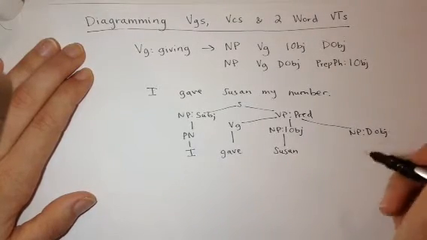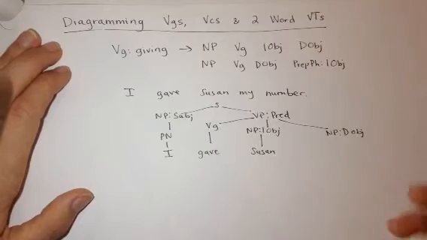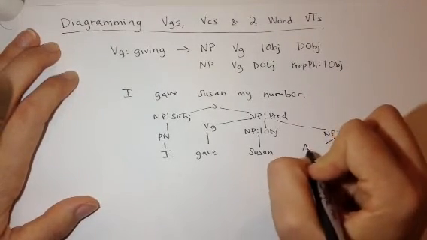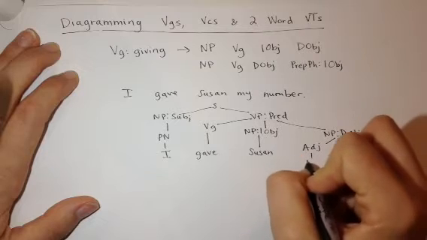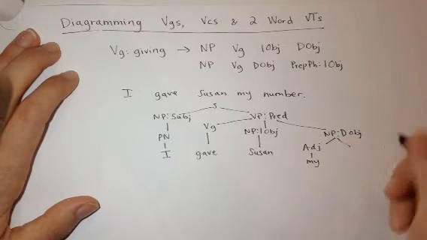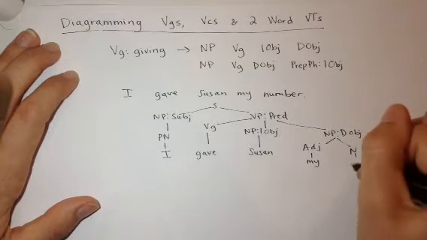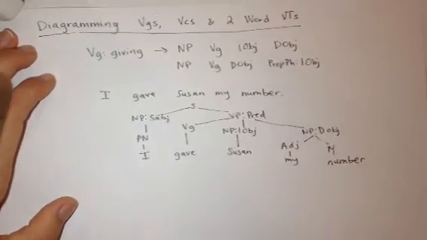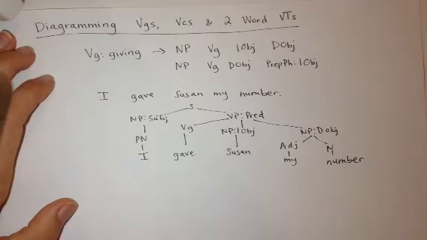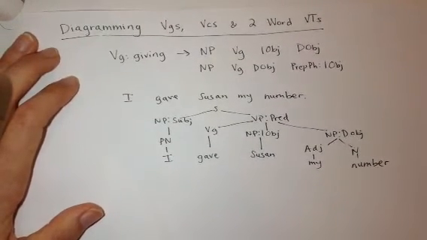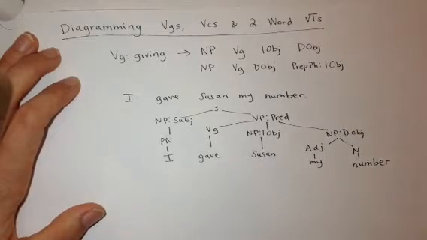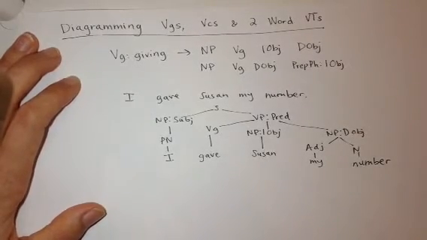Now we have two pieces here. We have the adjective, my, and then we have the noun, number. All of that should look familiar to you. Yeah? Okay, good. Now we're going to go in and look at how you diagram prepositional phrases.